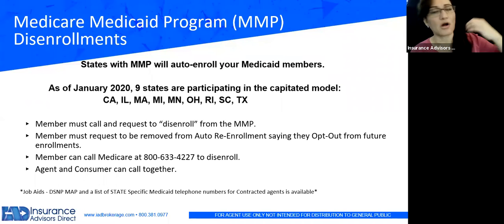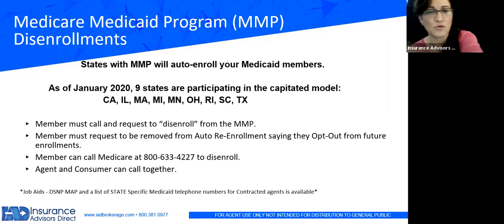So you will call the MMP number, whether it's from the state or Medicare, and we have those numbers actually. When you call them, you want to request to disenroll from the MMP. But then you also have to request not to be auto-enrolled for any future enrollments.